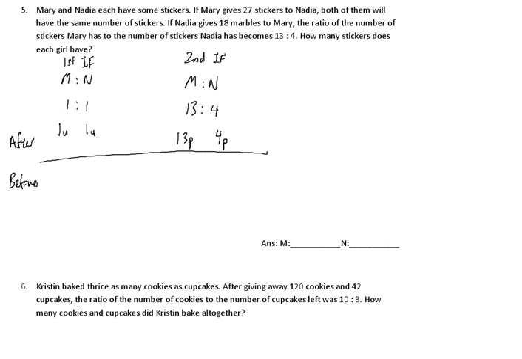So, you see, Mary gives 27 stickers to Nadia. So I need to return the 27 stickers from Nadia to Mary, right? So, yes or no? From Nadia to Mary. What happens? I have here 1 unit plus 27, right or wrong? Because Nadia returns the 27.